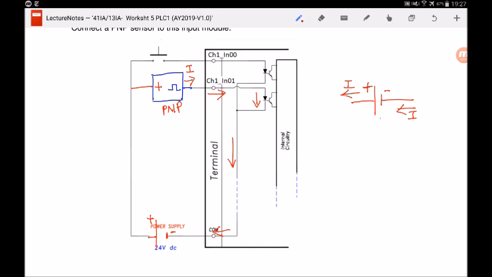Because a sensor always needs plus and minus, it needs power to power up the sensor. And how about the negative? The negative will be connected to the negative terminal of the power supply. So I've already connected a PNP sensor to this input module. One last question about this input module. Is this a sourcing or a sinking input module?